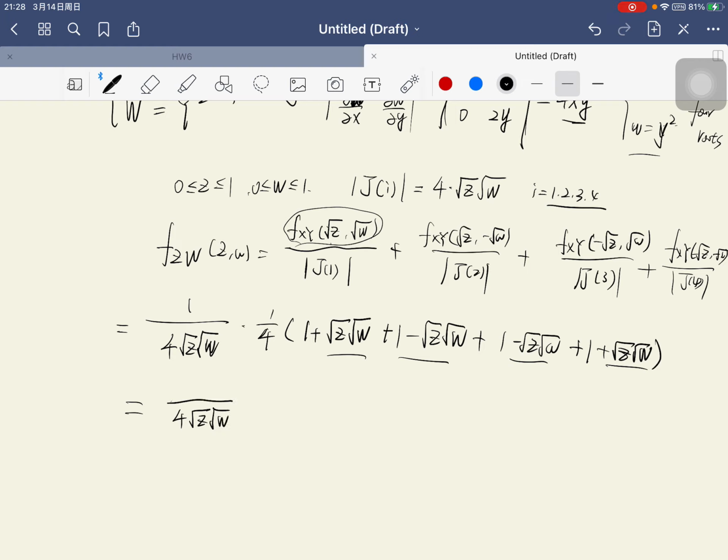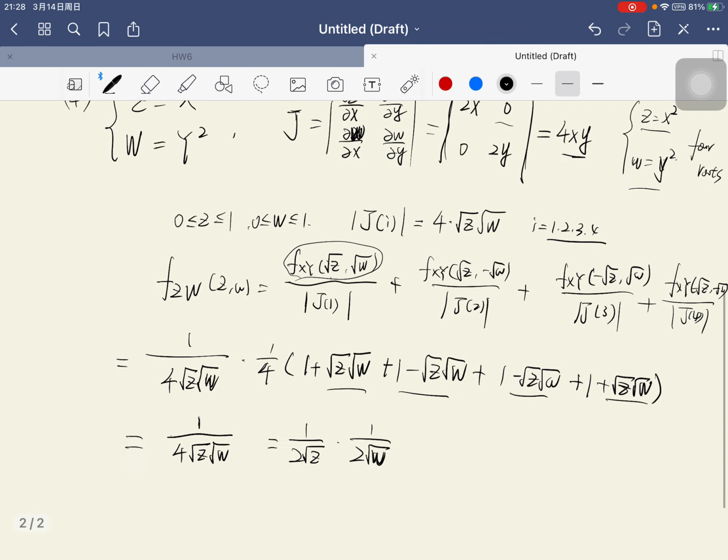The numerator is equal to 1, and it is equal to 2 parts multiplied together. The first part is 1 over 2 times the square root of z, and times 1 over 2 times the square root of w.